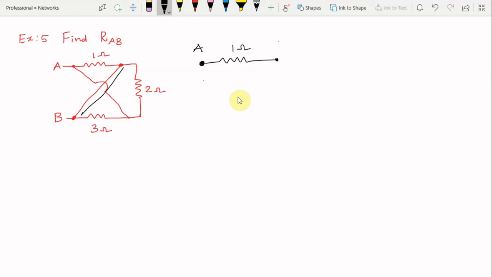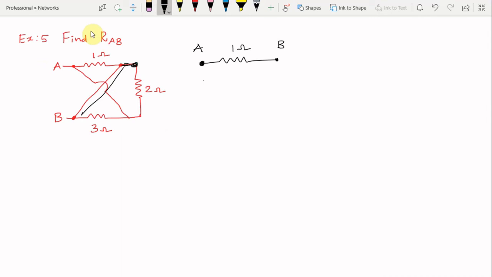So now this is terminal B, and if you see this 2 ohm resistor, this is also connected.